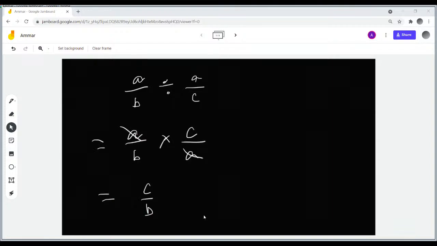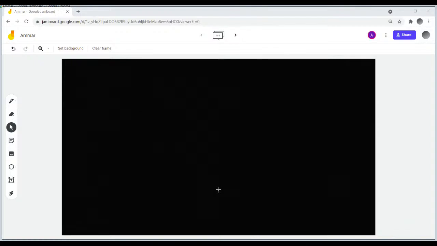Yes. But there could be a case, for example, I've got a similar thing, but now instead of a's and b's, I've got algebraic expressions.